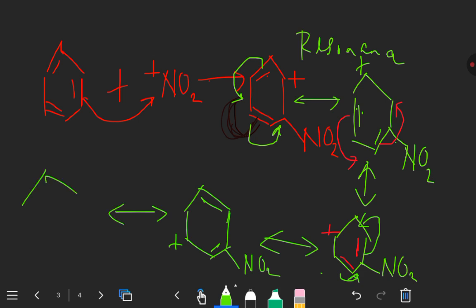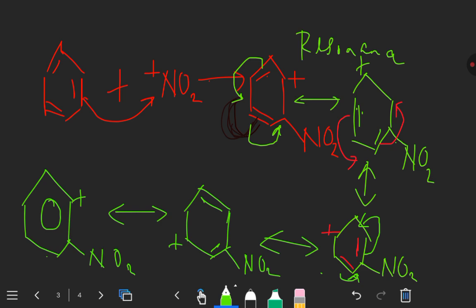So you can just draw like this, since it is undergoing a lot of resonance structures, or draw a circle inside, then we can put NO2 there. So this compound can undergo a number of resonance structures, a number of resonance transformations until it becomes more stable.